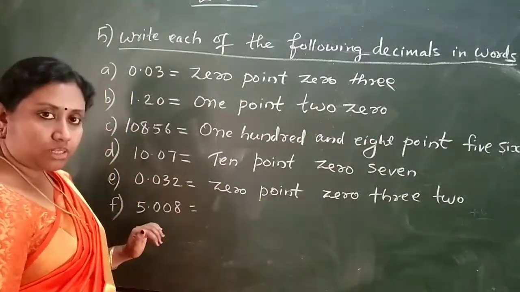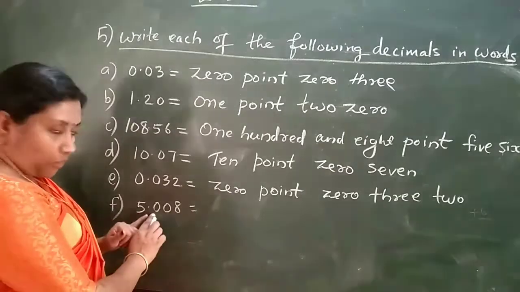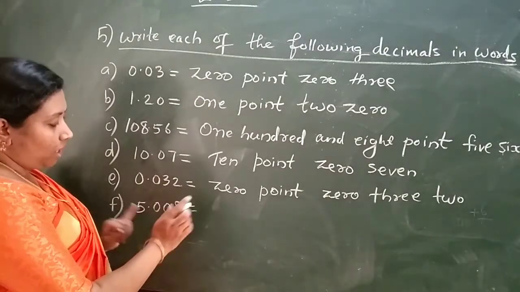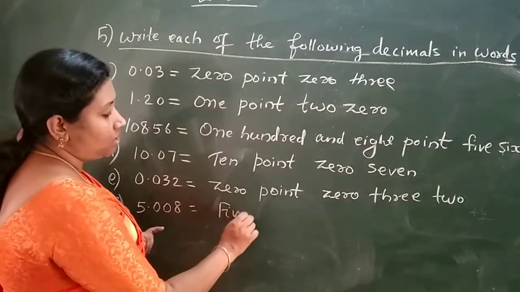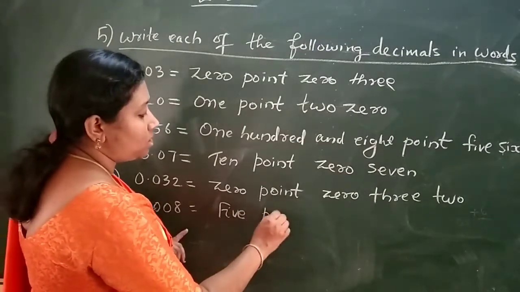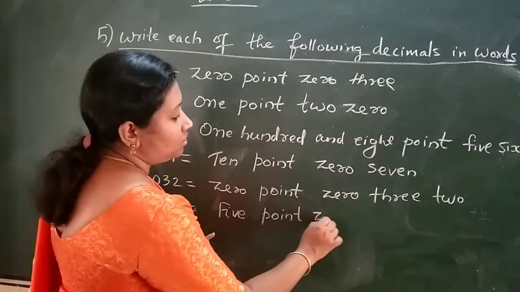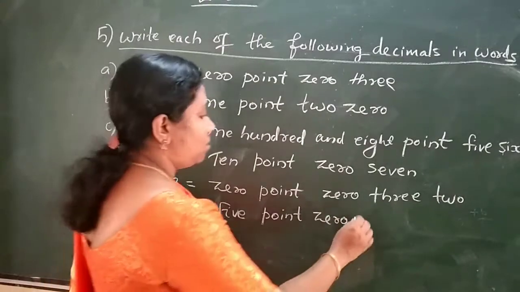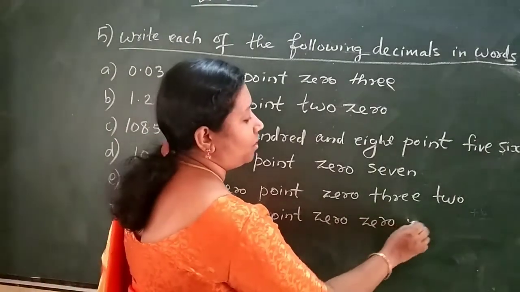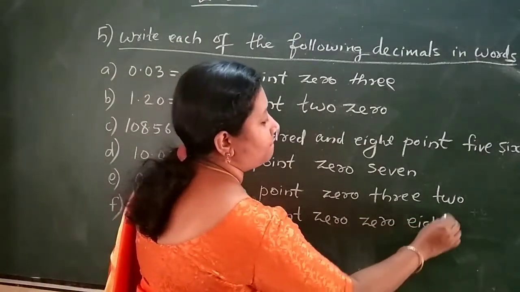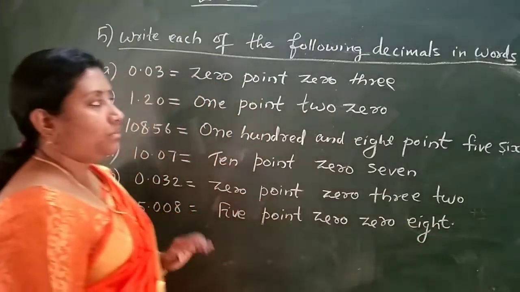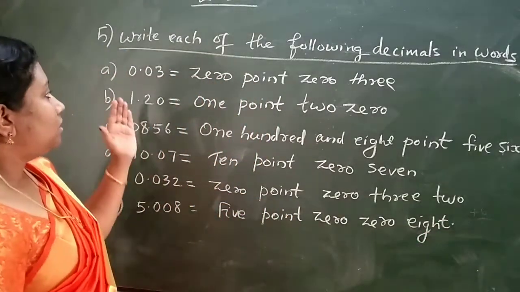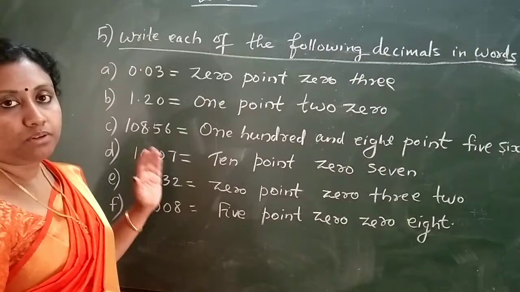Then the last question, 5.008. You just write that in words. This way you write the decimal numbers in words.